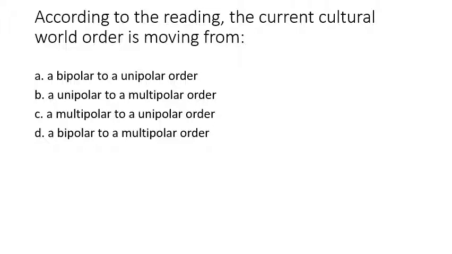Now, however, we are moving from a unipolar order, where the US was the world's hegemon, to a multipolar order, where we've got China certainly, especially with the coronavirus. China has a lot of soft power right now. It has a lot of increasing amounts of influence. It's going to get its economy back on track probably faster.